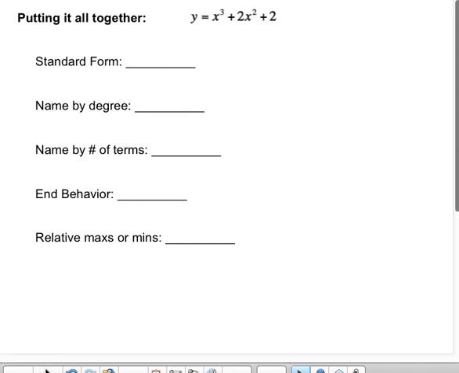So last, but certainly not least, let's go and find all of these things. Let's put this all together. So standard form, well, the cool thing is it's actually already in standard form. Right? So we don't have to worry about that. Name by degree, well, it has a degree of 3. So that means it's cubic.